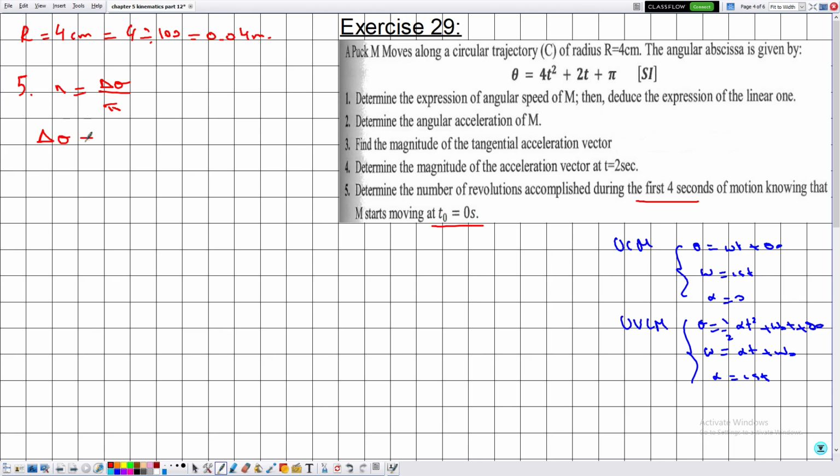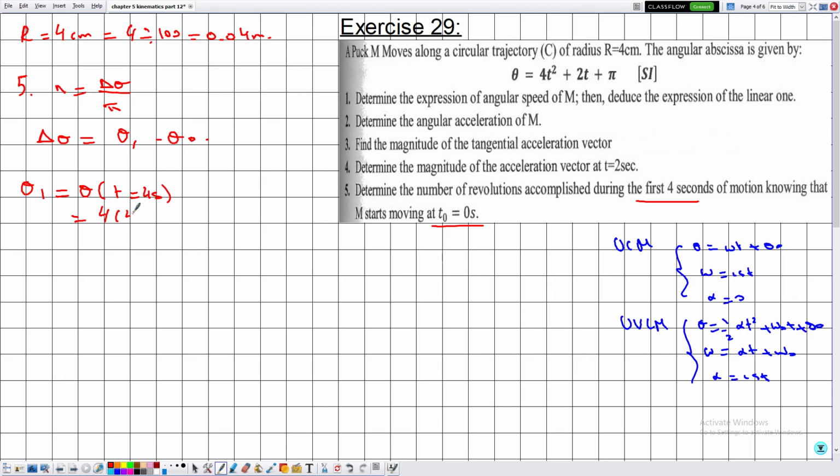So delta theta represents the angular displacement between the two instants theta 1 and theta 0. Theta 1 corresponds to theta computed at t is equal to 4 seconds, which is the final instant, because 4 seconds is greater than 0.